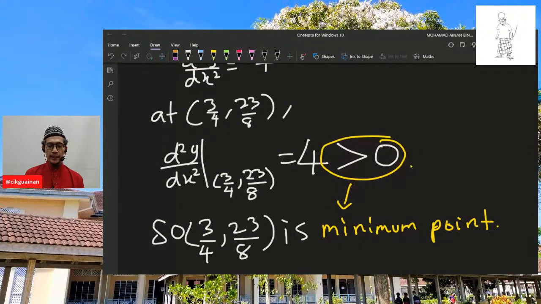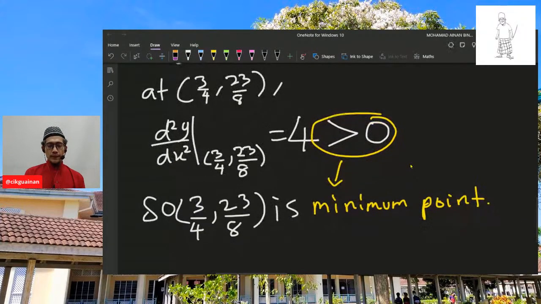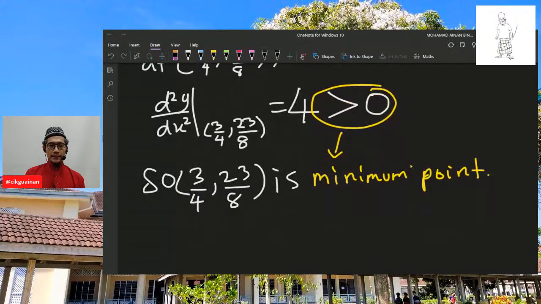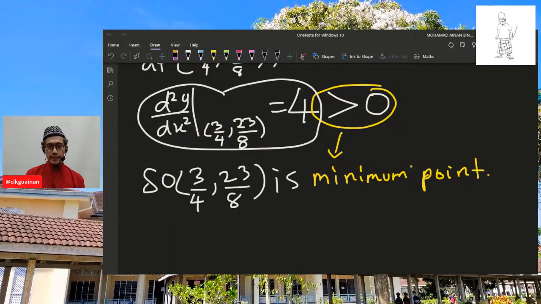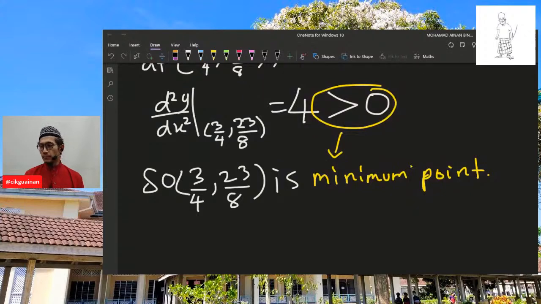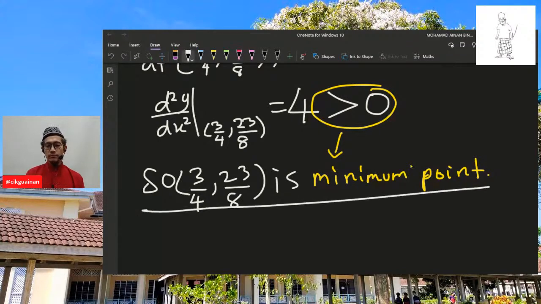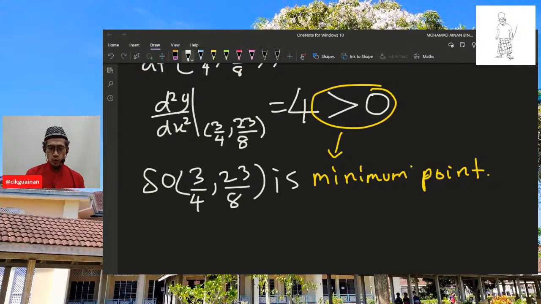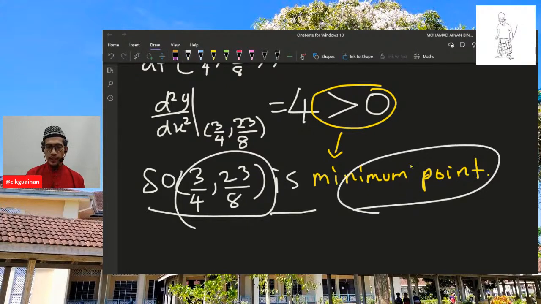Don't just write this part and then suddenly write equals minimum. Minimum what? Minimum car, minimum cat, minimum handphone? Cannot. You have to write it like this. So what is the point? It is a minimum point.